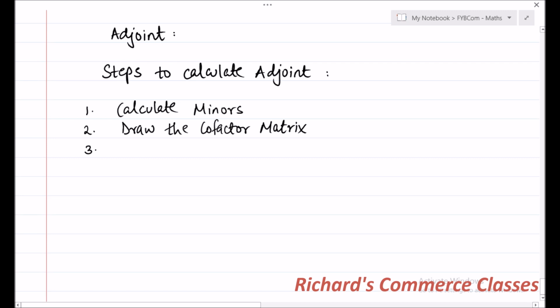Third, take the transpose of cofactor matrix, and once you take the transpose, you will have adjoint.